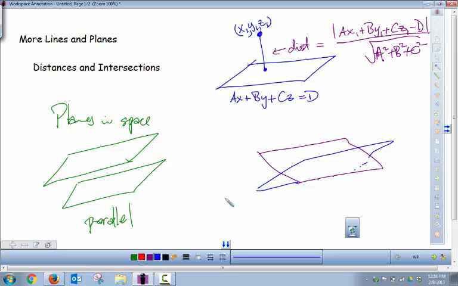If they intersect, they would intersect in a line. So if you have two pieces of paper and you hold them up in space and they're not exactly parallel, if you pretend that they extend to go on forever, they will eventually intersect. And when they do intersect, they will intersect in a line. So this is just a little snapshot of the intersection. But when they do intersect, it's a line.